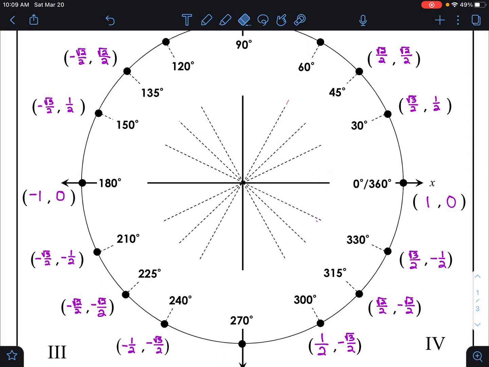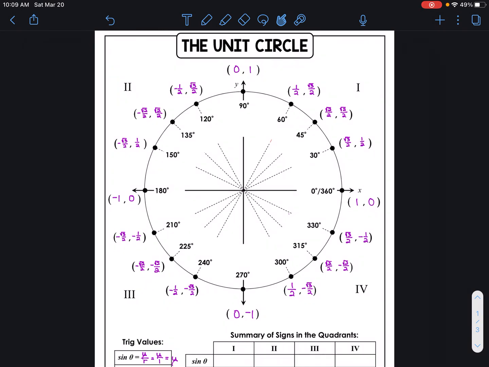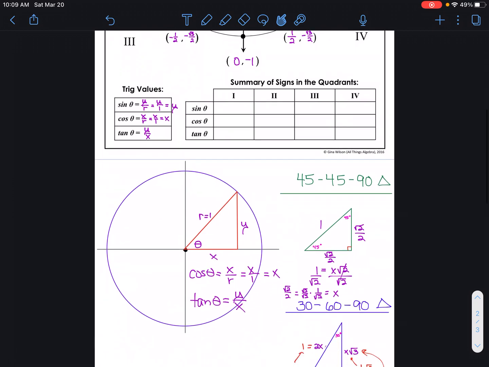Okay, and now what we're going to do is we're going to actually fill out a little bit more of this, and this is a little weird. So what we have is something called radians in here. These are radians, and we're going to fill those out here in a second. So we're going to take a few minutes to do that.